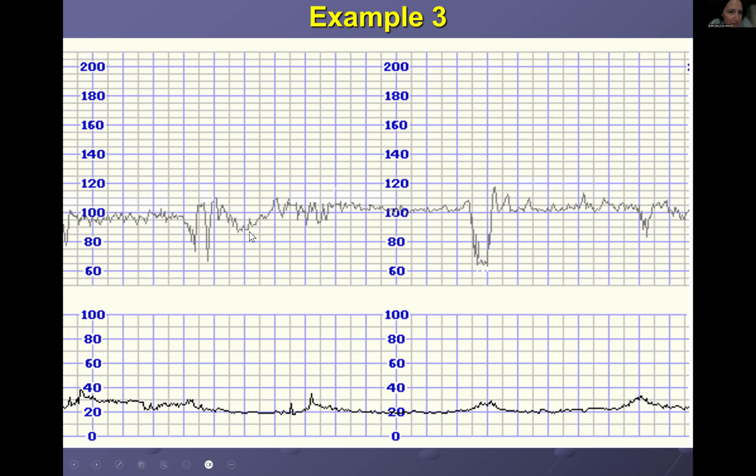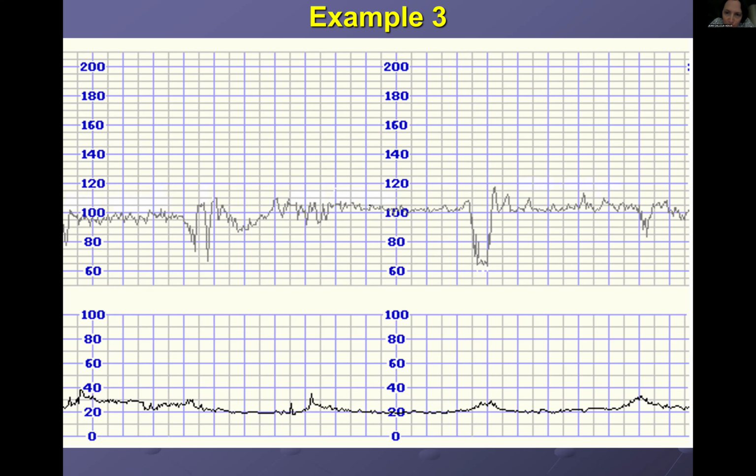There are decelerations, they might have a variable component, but definitely you're going to keep monitoring the CTG and adjust the contraction belt in order to watch closely what's happening to this lady.